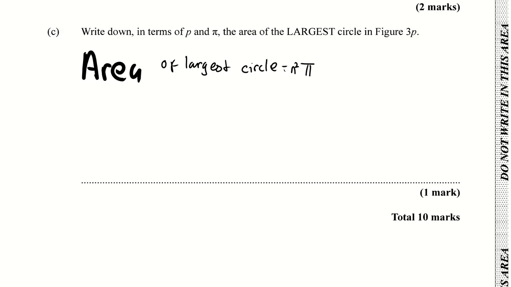So they told you that your figure number is 3p. So for figure 3p, that would be (3p) squared times pi, which would be 9p squared pi, and that is going to be your answer for figure 3p.